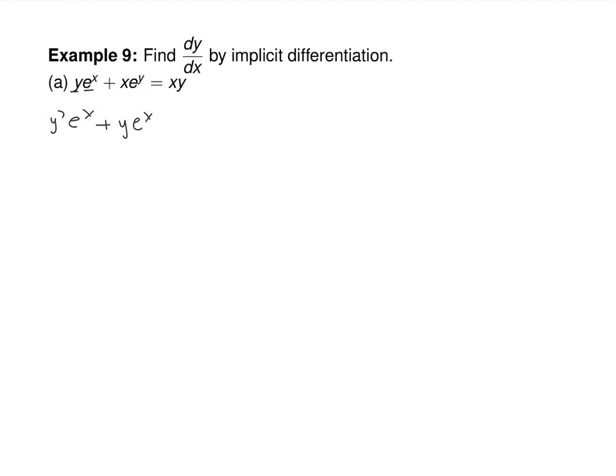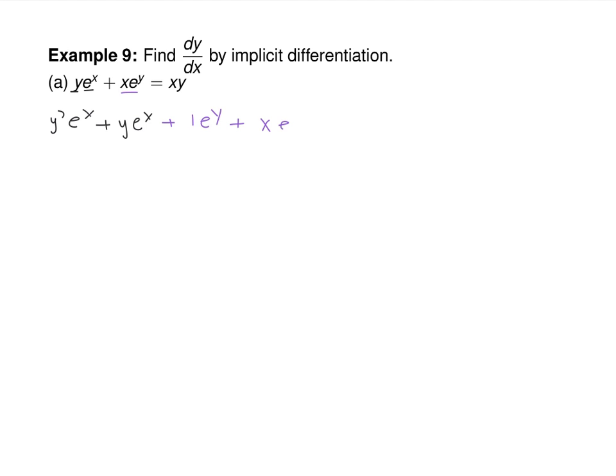Okay, how about the next bit? How about differentiating x e to the y? So 1 e to the y, sure. On that one? No. Okay, but the next term is going to be what? What happens to the x? Stay the same.